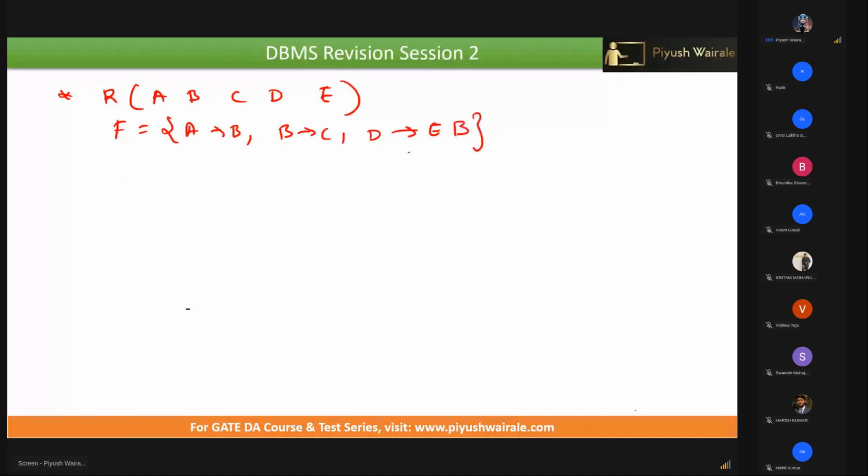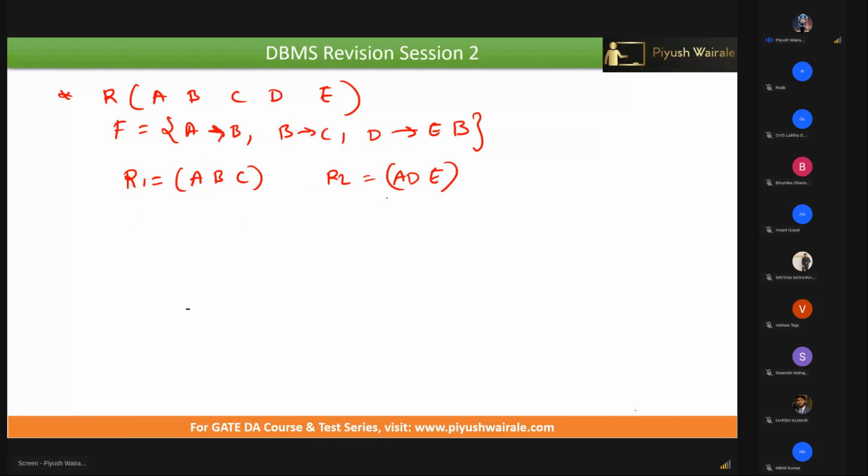Now, what is dependency preserving? Let's say I'm decomposing R into R1 with A, B, C, and R2 will be D, E, and I'm going to add A here. So we have R1 and R2. Now I need to check whether dependency is preserved or not after decomposing.